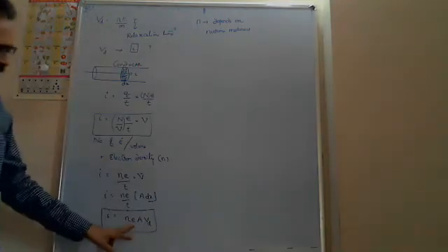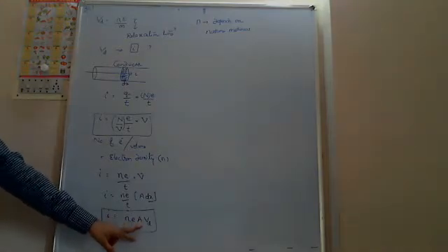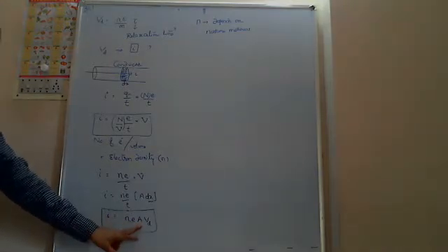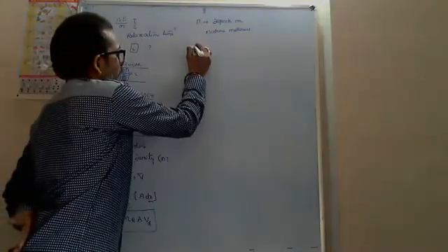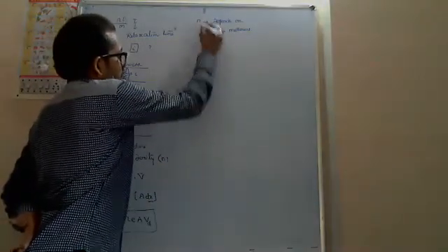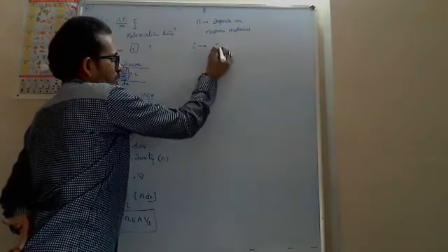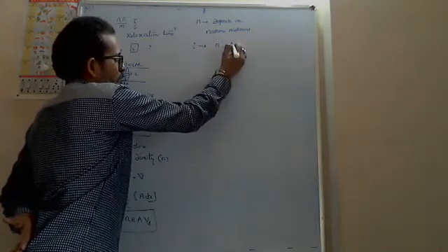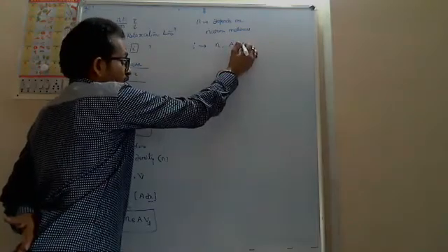Number two, of course, E, that is a constant. And number three, it depends upon the area of cross section also. Keep in mind. So I depends upon the nature of material, meaning number of electrons per unit volume, area of cross section, and also the drift velocity.